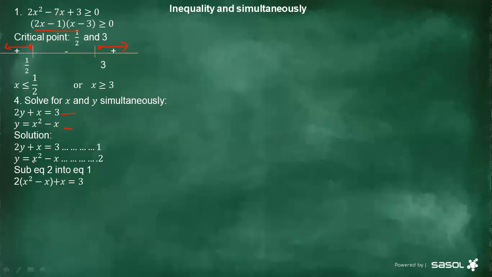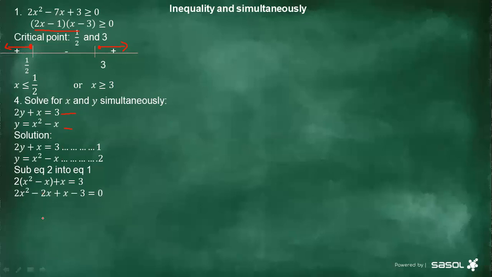We only do that if we don't have any equation where x or y is the subject of the formula. So you substitute this equation into equation 1. Where you see y, you substitute x squared minus 1. So this is what we did.